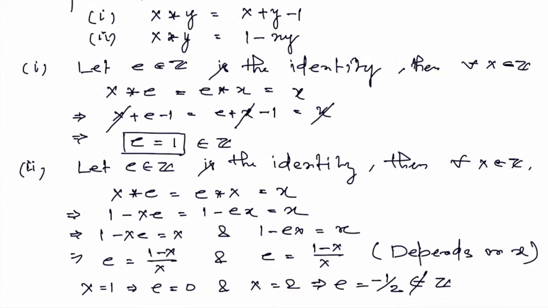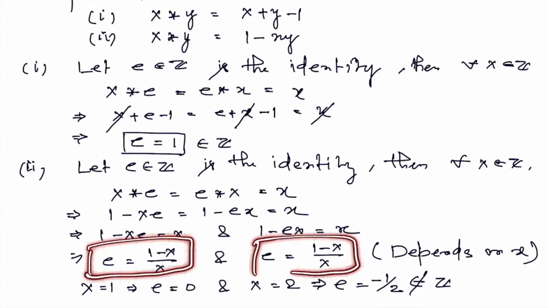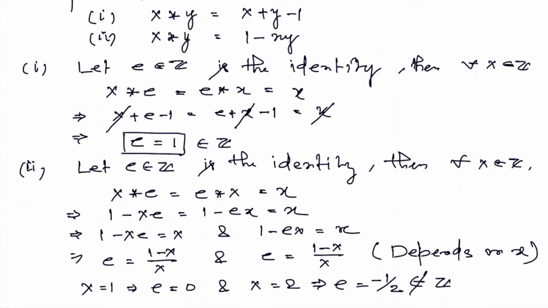You can see that since there are two equalities, it will result in two equations, and on both sides we actually get the same expression. And you can see that this expression does not always result in integers. For example, if you take x equal to 2, you will get E equal to minus half, which is not an integer. So this set Z with this binary operation does not possess identity.